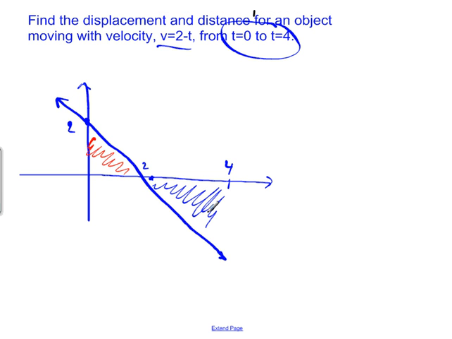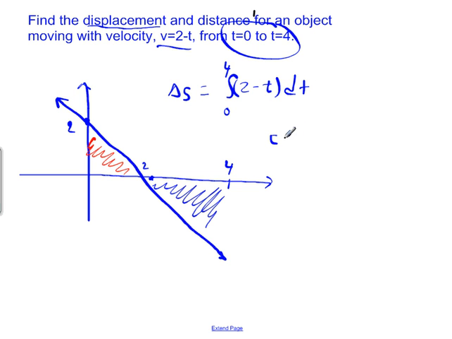And geometrically, it looks like our displacement might be 0 because these areas will cancel each other out, but let's prove that. So our displacement, or our change in position, equals the integral from 0 to 4 of 2 minus t dt.